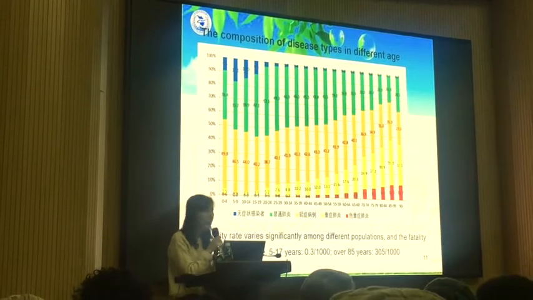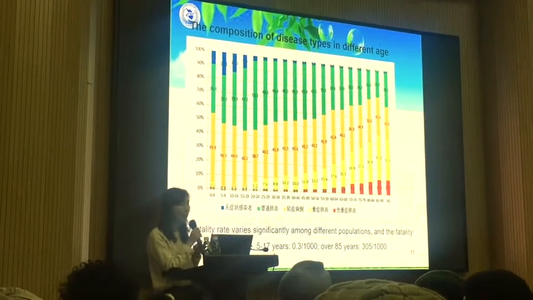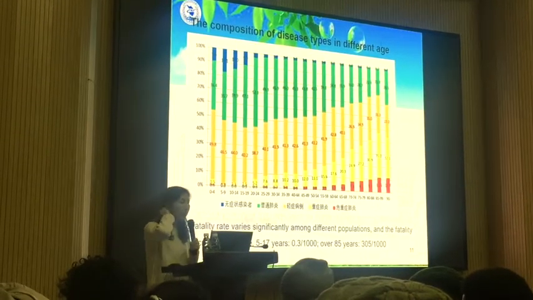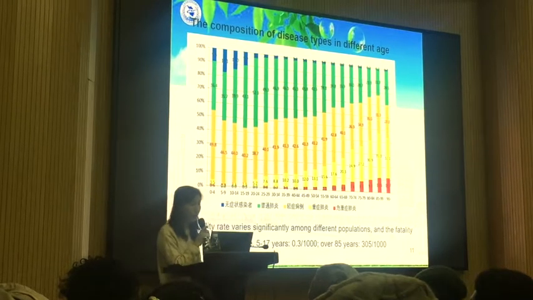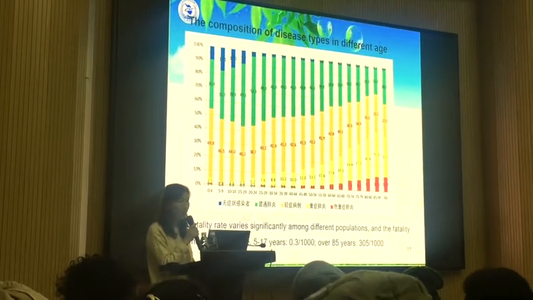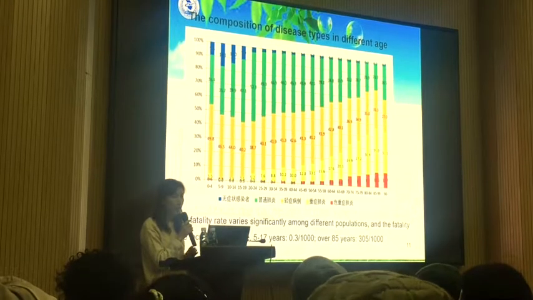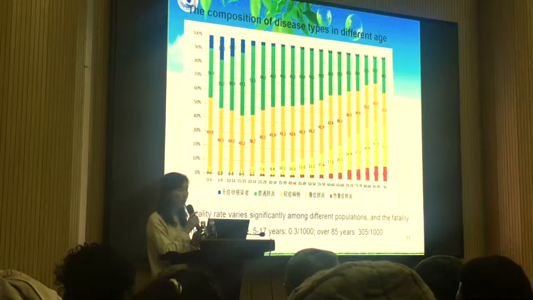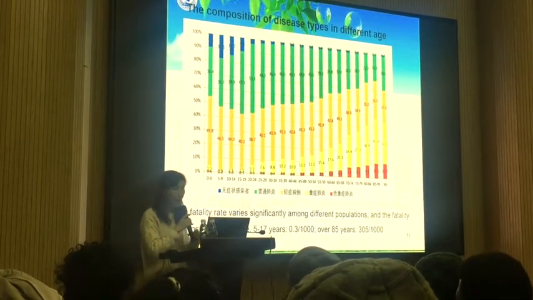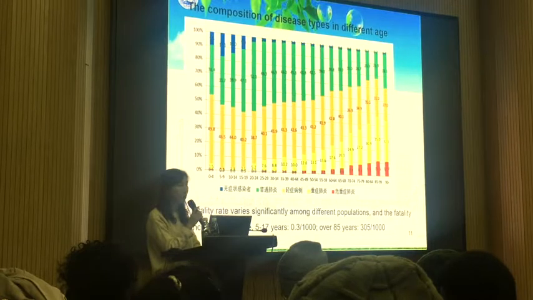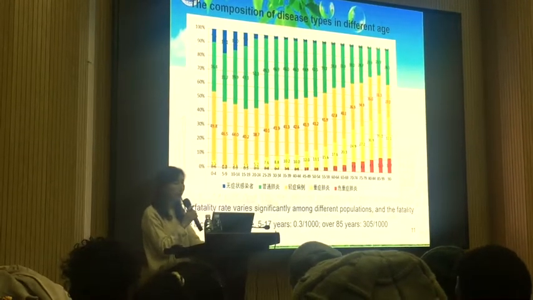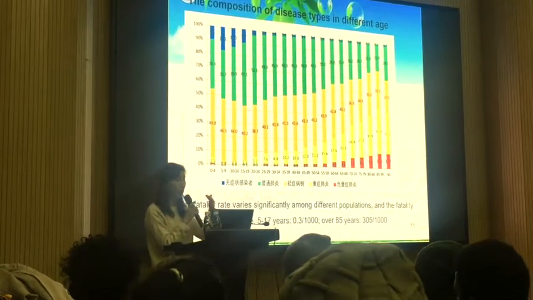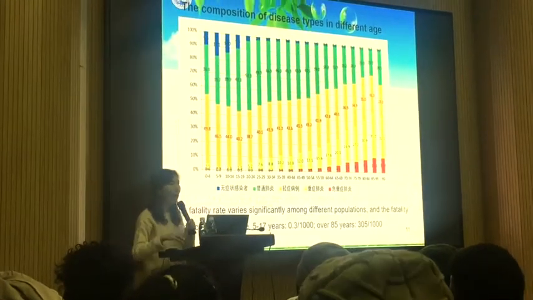This is the composition of disease types in different ages. We can see the fatality rate varies significantly among different populations, and the fatality rate increases with age: at 5 to 7 years, about 0.3 per thousand, and when over 85 years, the rate increases to 305 per thousand.